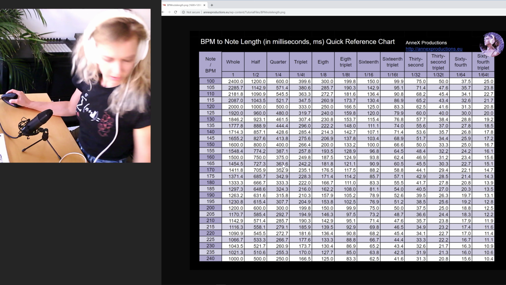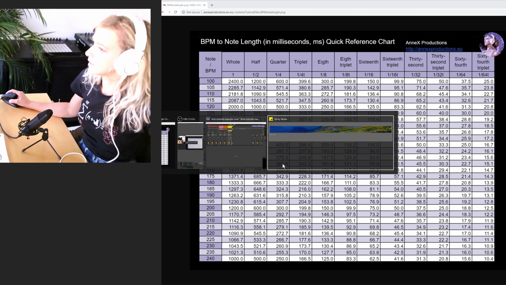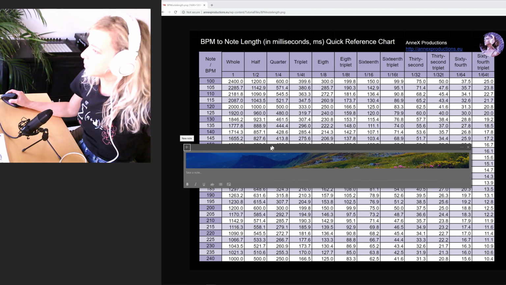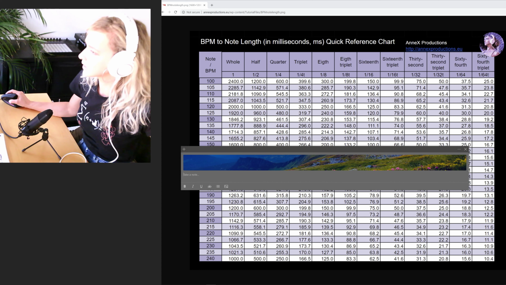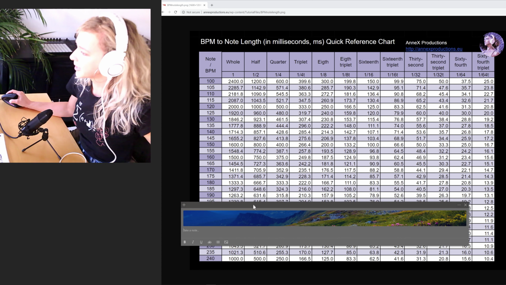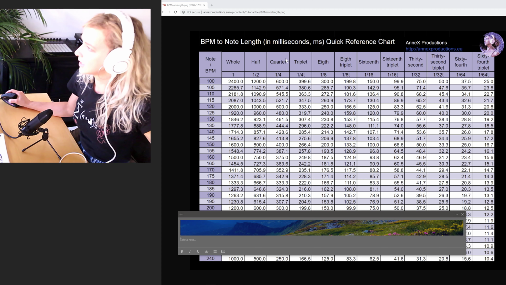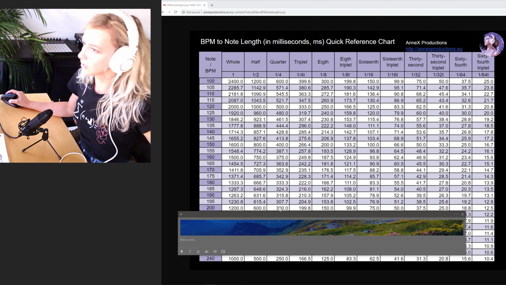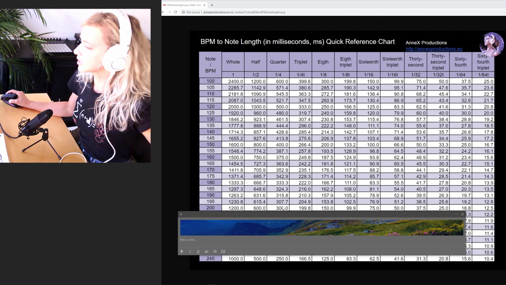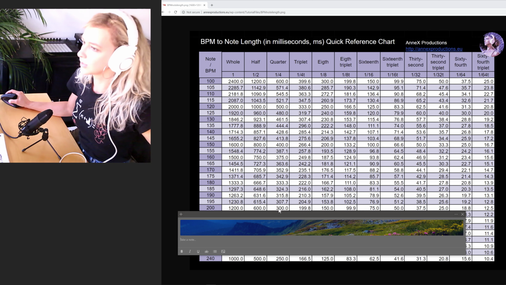And then we just work our way down, and I'm going to use a ruler because it makes you a little less crazy. So we're at 200 here, and then we're looking down from a quarter note, and we see this intersects at 300. So this means to make a quarter note at 200 beats per minute, you have 300 milliseconds.